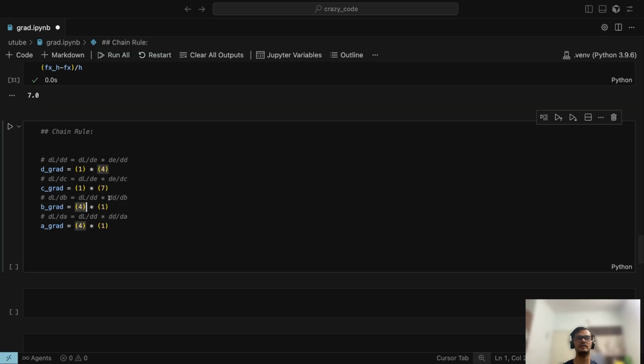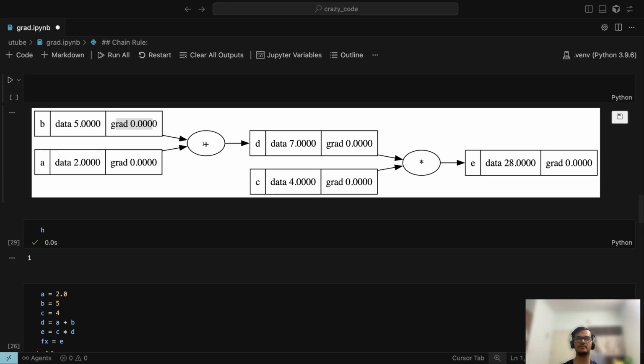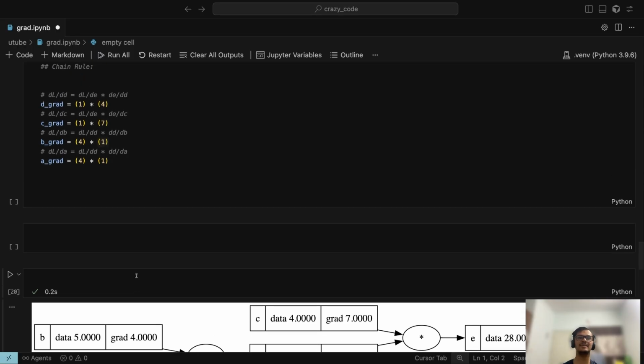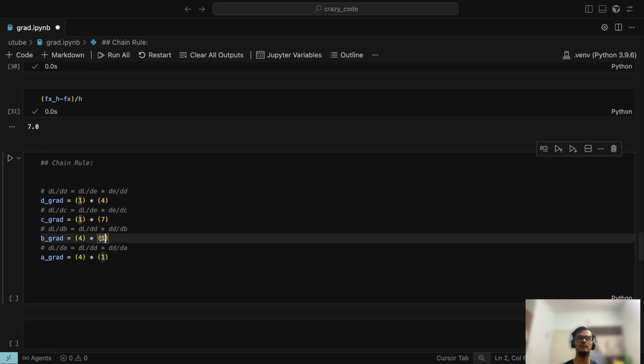And then the gradient of B, dD with respect to B is 1, because it's an addition operation, so there is no dependency in between. So however much you add, it's going to impact directly, right? Because it's an addition operation. So that's why the derivative will be 1. So when we get this, it's going to be 4 for B gradient, right?